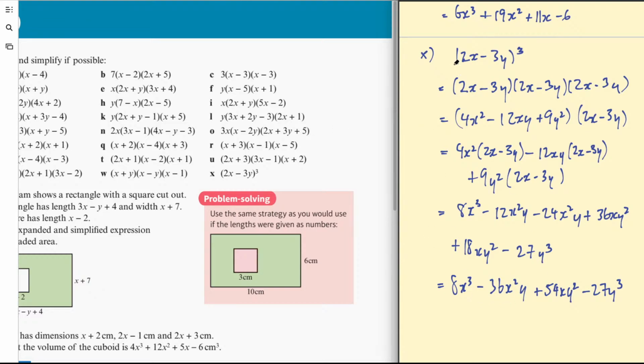What do we notice about the connection between the first expression and the last one? Well, we cubed 2x, we cubed that. If we square both and multiply, we get 36.